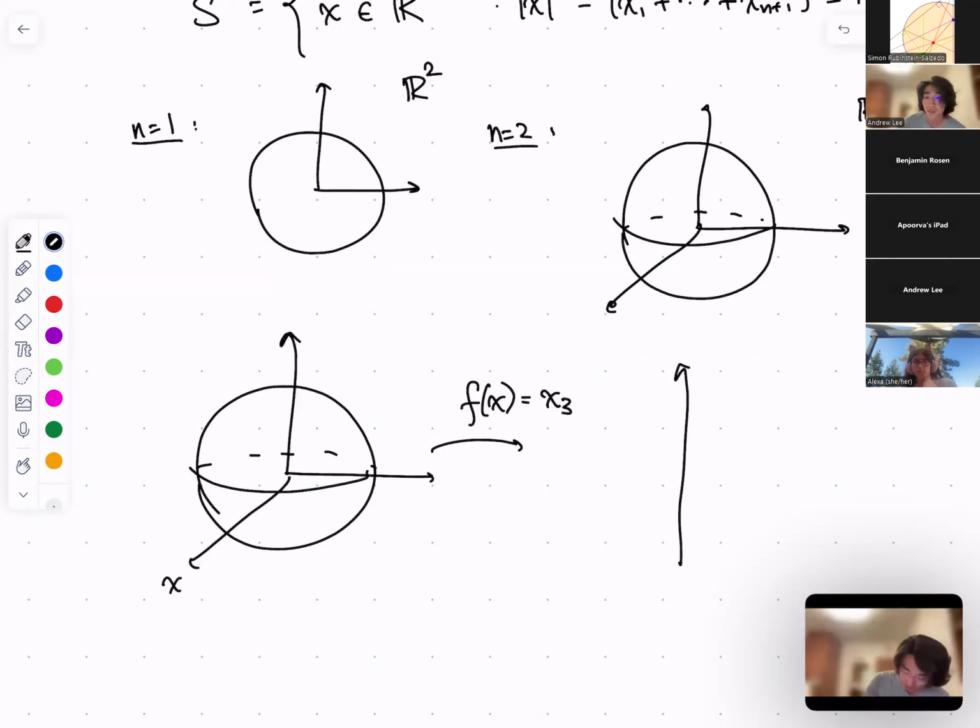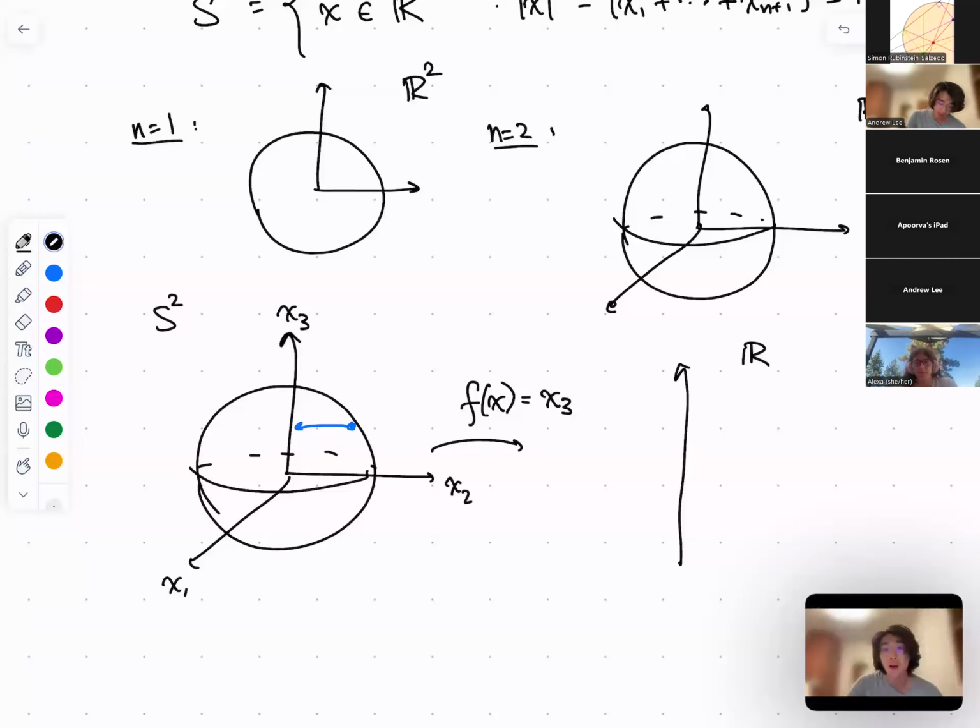This is what I'm going to call a height function, going from S2 to R. We can look at what are called the level sets and the sub-level sets of this function.